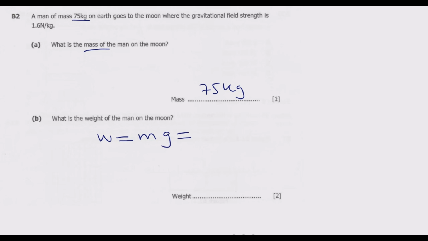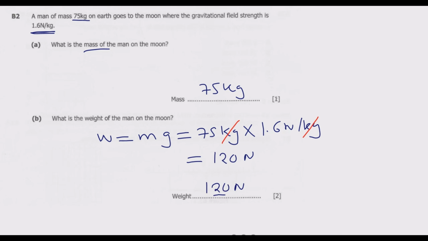Mass is 75 kg, multiplied by gravity, which we've been given as 1.6 Newton per kg. If you multiply, this kg and this kg cancel. Then 75 multiplied by 1.6 will end up with 120 Newton. So 120 Newton is the answer.